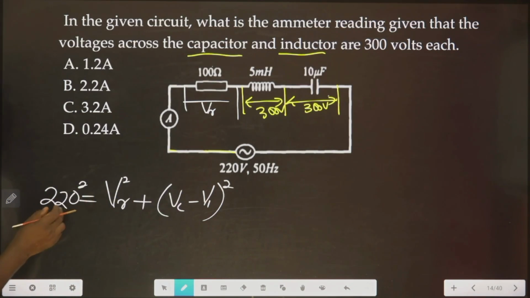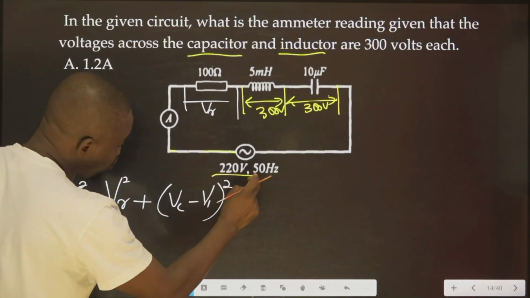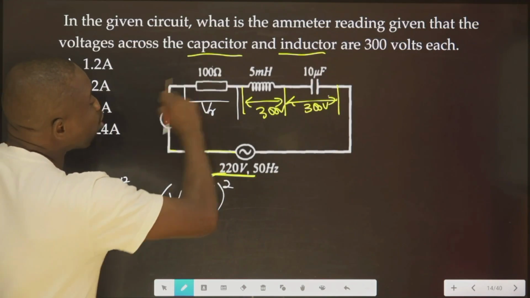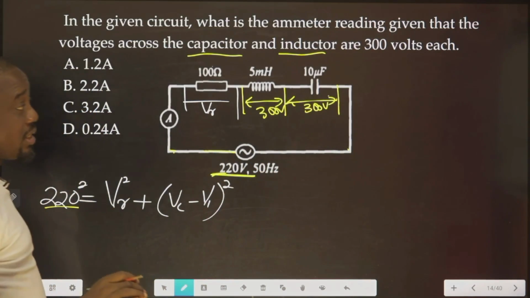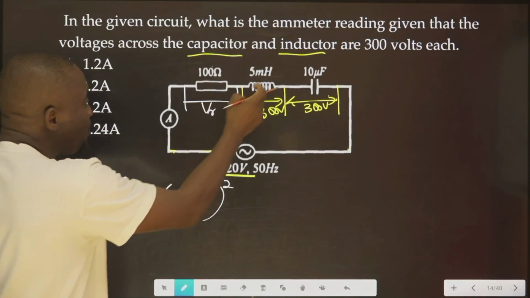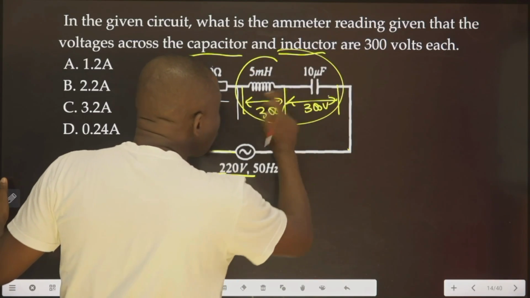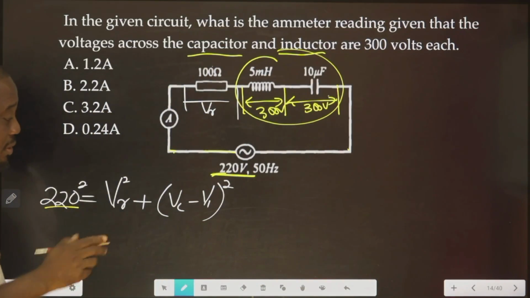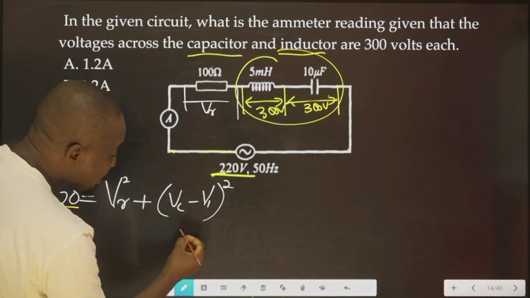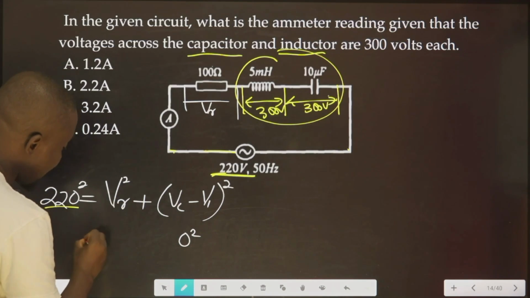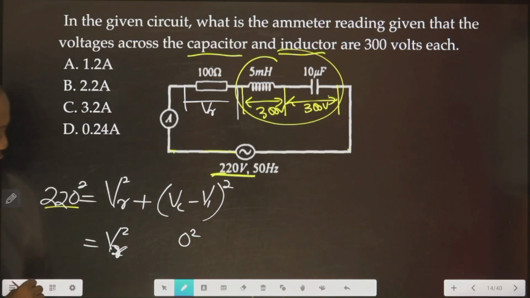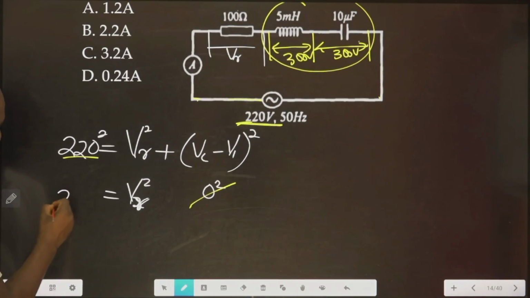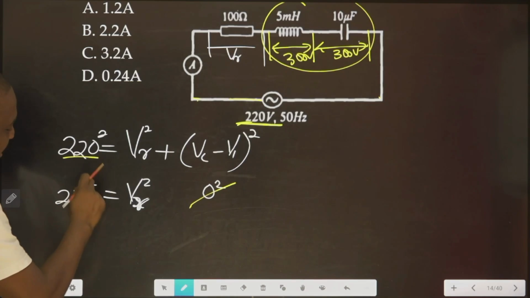The square of this total, because this is the PD across everything, and the PD across everything is 220, is equal to this plus this group. This group, you have to subtract them. To subtract them, it's already 0. You agree with me that these will cancel.